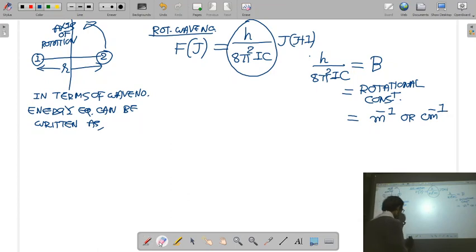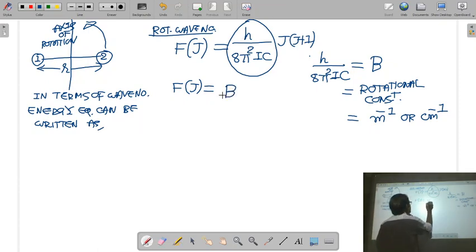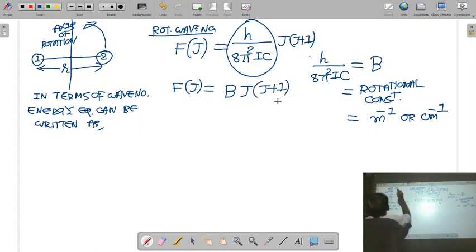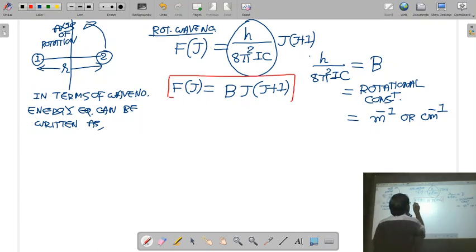Now we get the rotational wave number F(J). We have just defined the constant h upon 8 pi square Ic as the rotational constant B. So we put B into J into J plus 1. So this is the equation of rotational wave number.